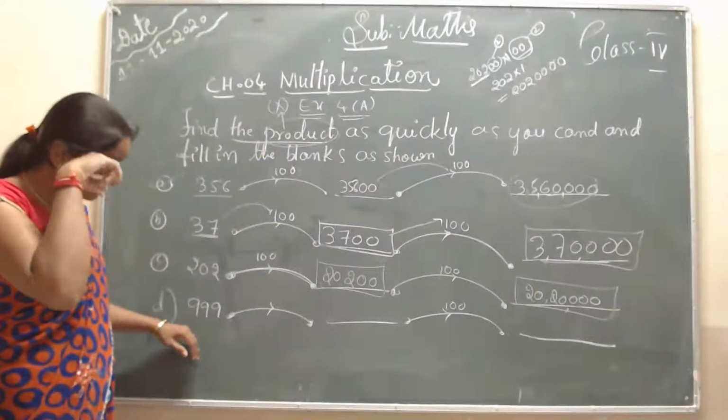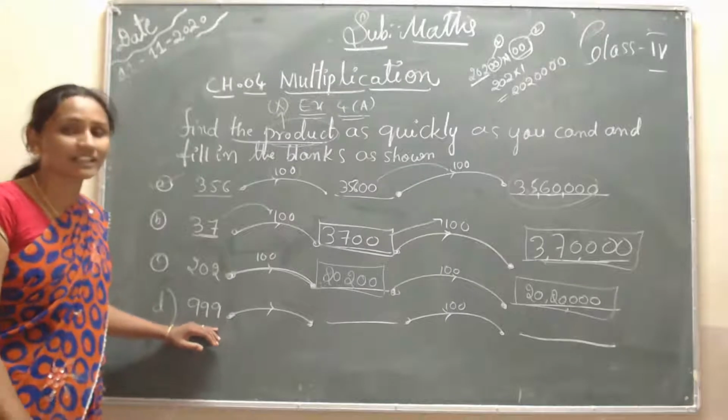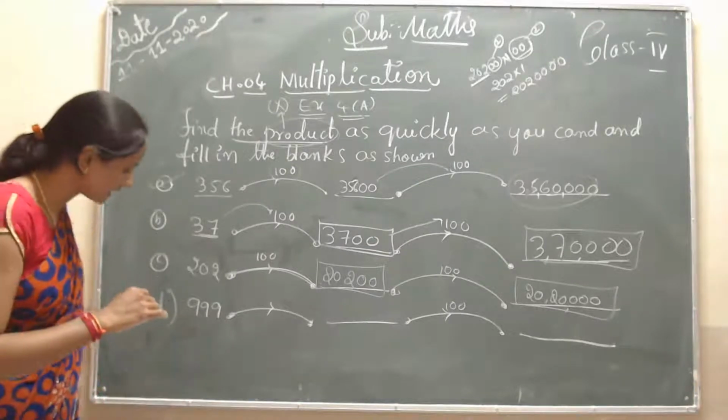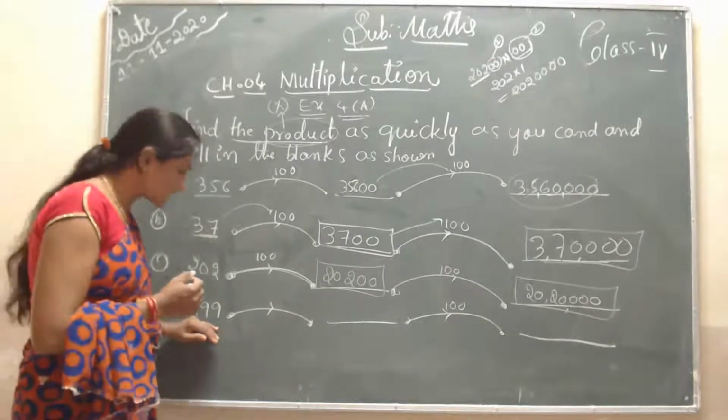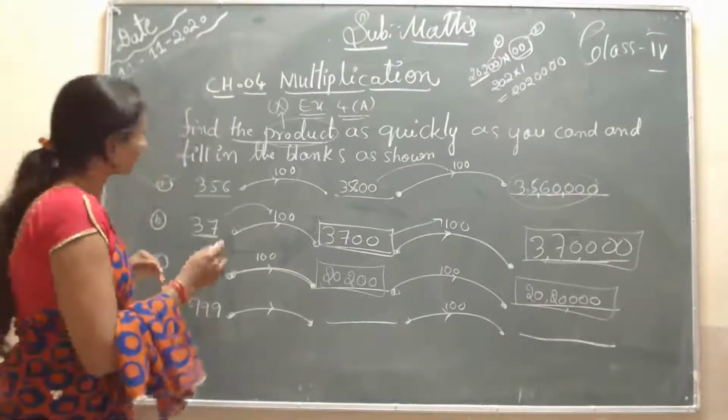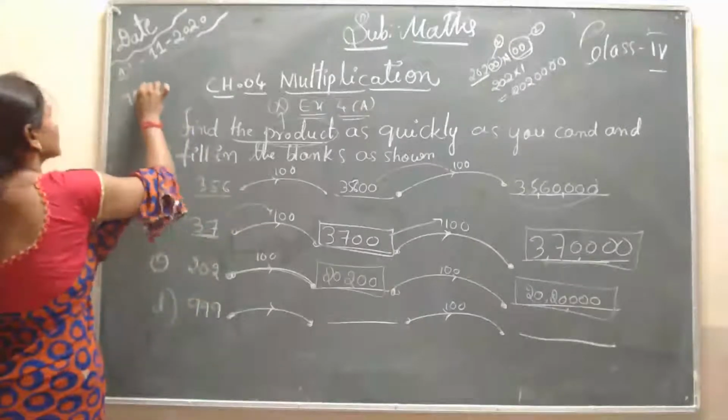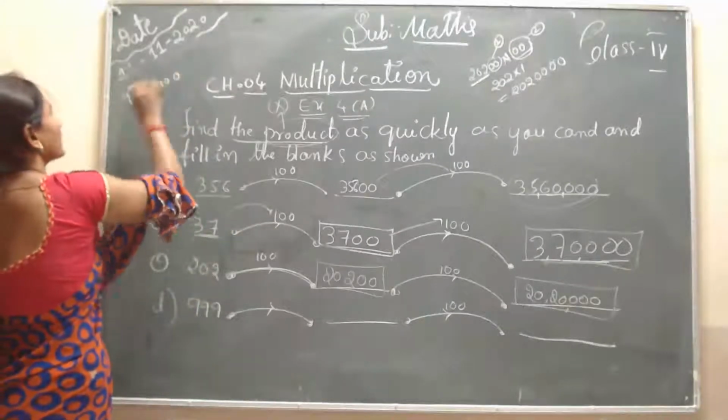D1, students, can you observe what the question is? D1 question is 999. 999 into 100.